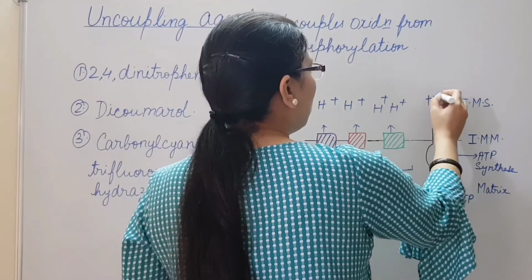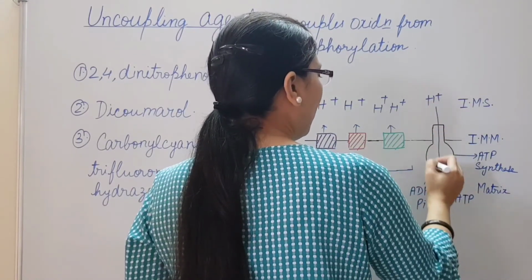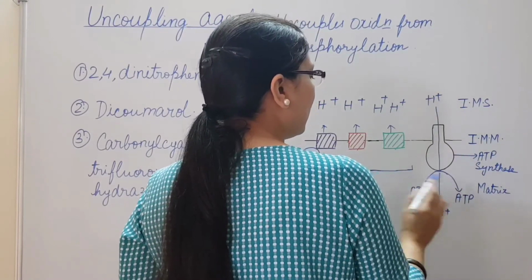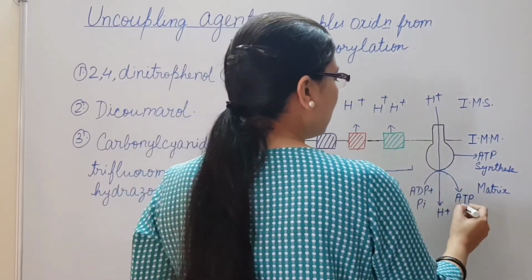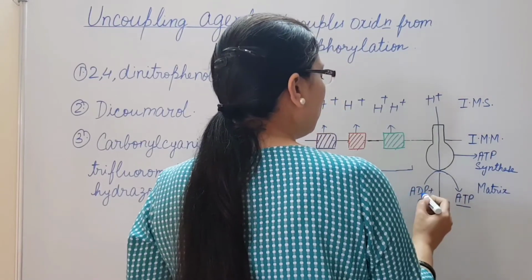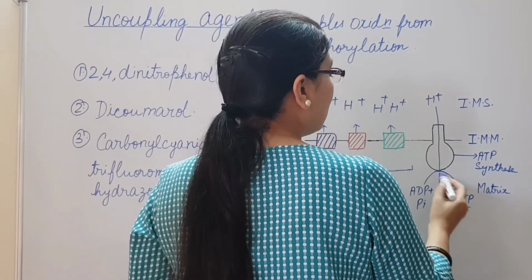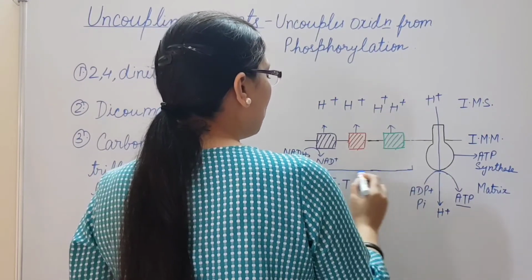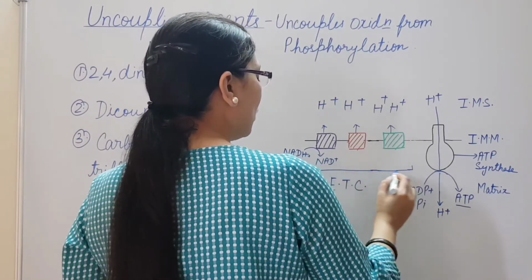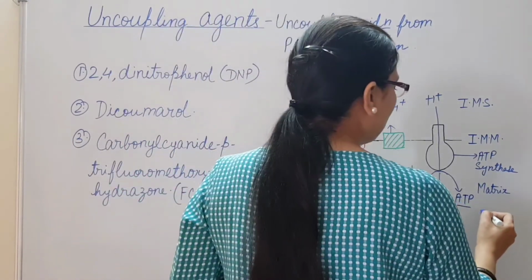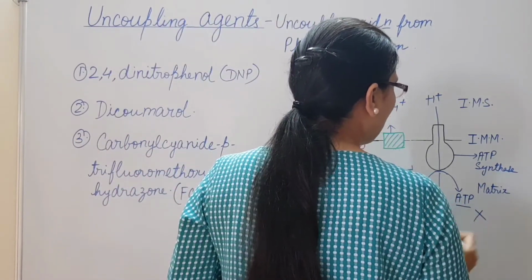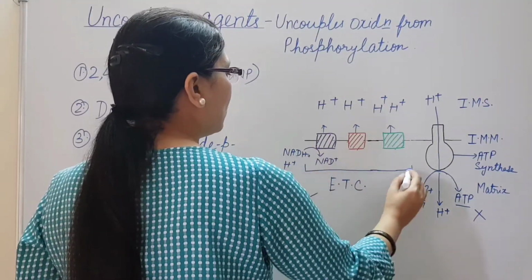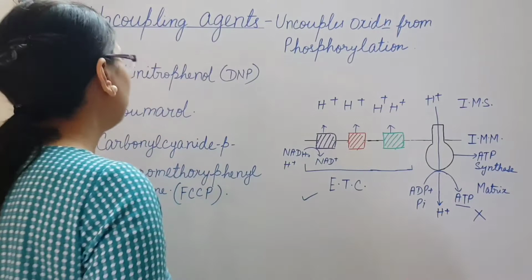Now the protons move downhill through ATP synthase from intermembrane space to matrix. In this process, energy is dissipated and used in the synthesis of ATP from ADP and inorganic phosphate. This is known as phosphorylation. In the presence of uncoupling agents, the transport of electrons takes place, but phosphorylation does not take place. In this way, it uncouples oxidation from phosphorylation.